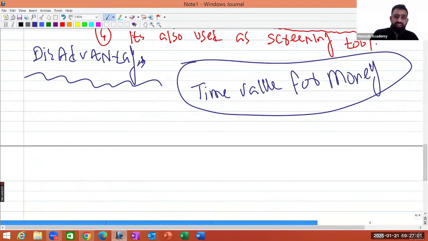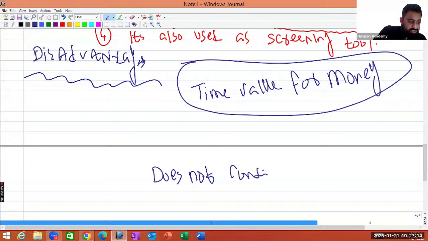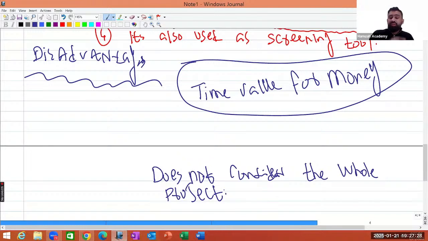Number two, the second disadvantage of this payback is it does not consider the whole project. The payback period does not consider the whole life of the project.